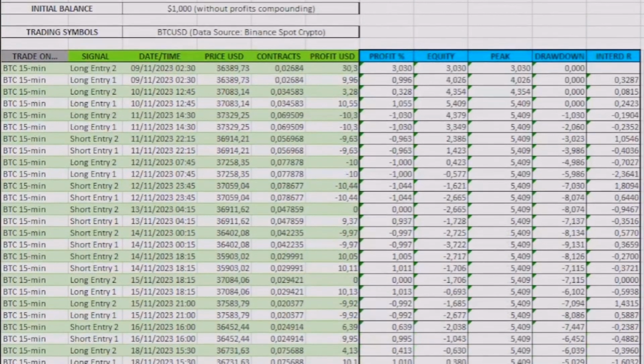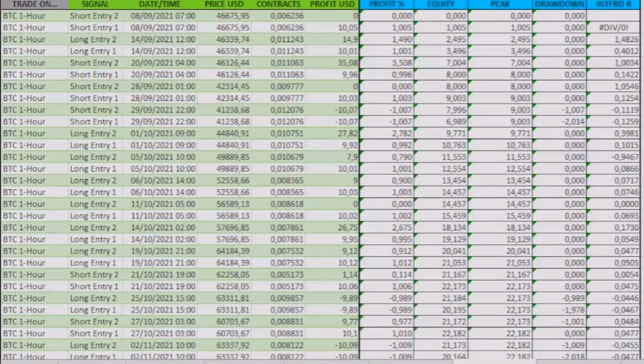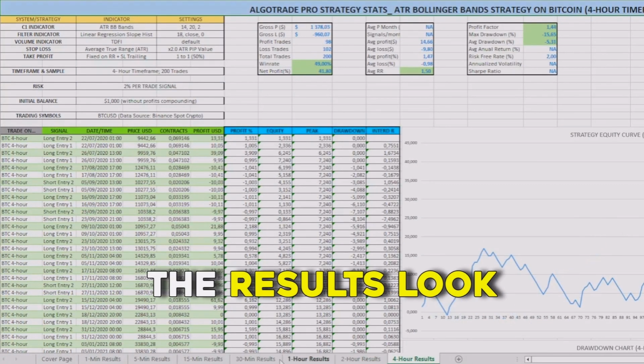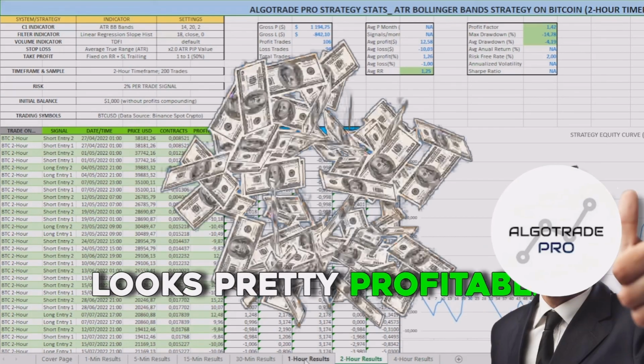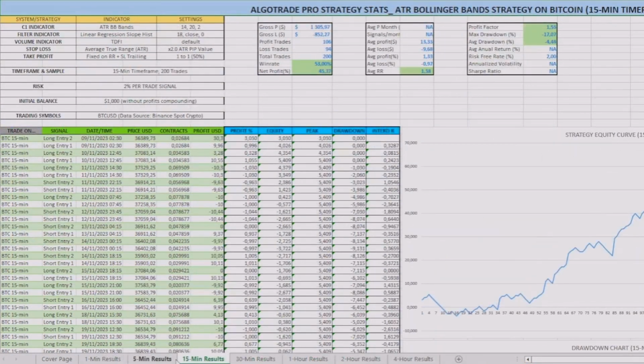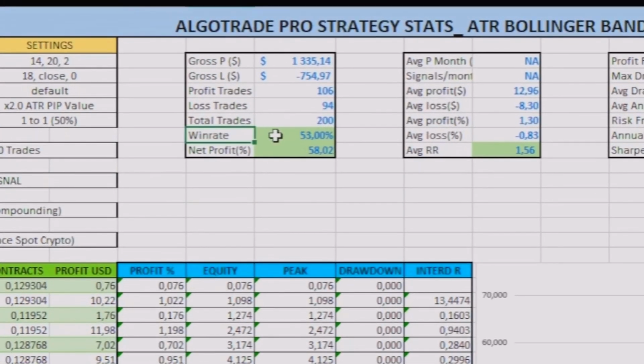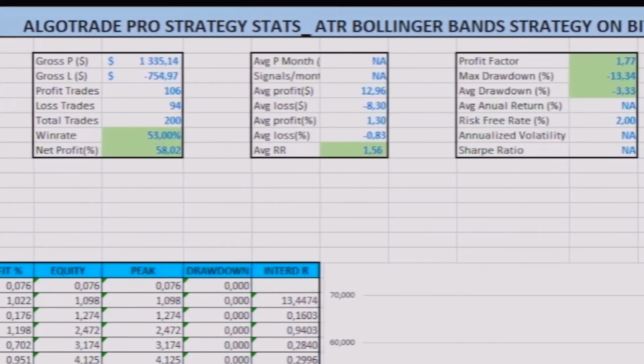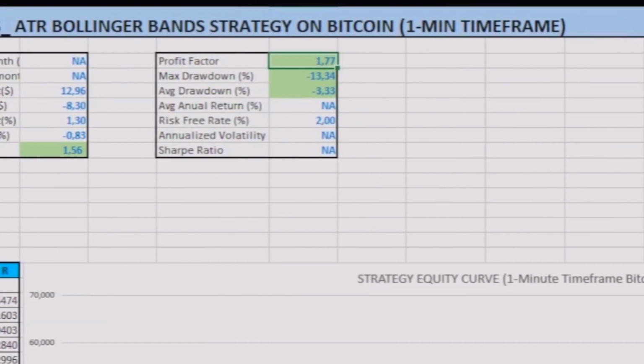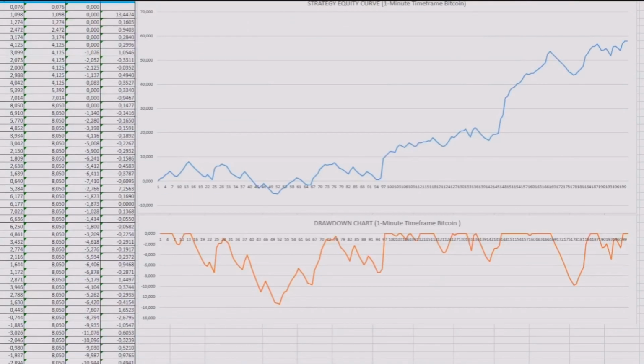6.5 hours later. These are the results of these Bollinger Bands from the backtest I've just performed, and you can see that the results look really good and the strategy looks pretty profitable. But let's quickly analyze each time frame. On the 1 minute time frame, the strategy got a win rate of 53% with a net profit of 58%, a profit factor of 1.77, and the equity chart looks like this.